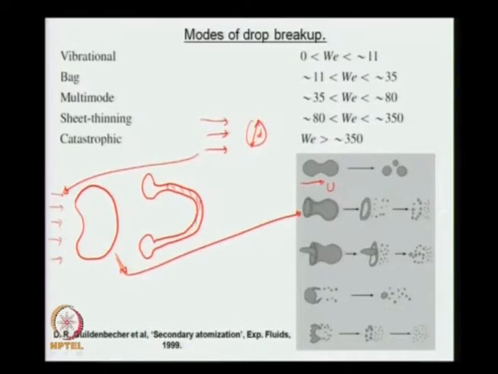So, this is a thin sheet of liquid with an axisymmetric rim. Now, you will have to imagine this is axisymmetric. These are all schematic representations, but they are actually based on experimental observations, so they are fairly accurate.